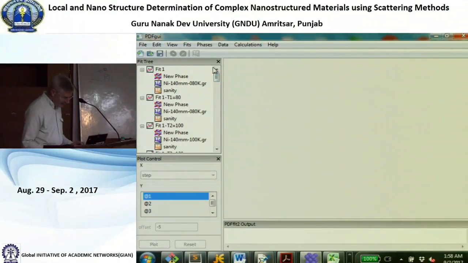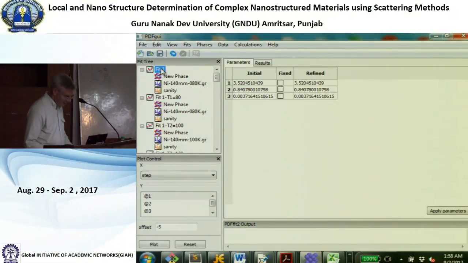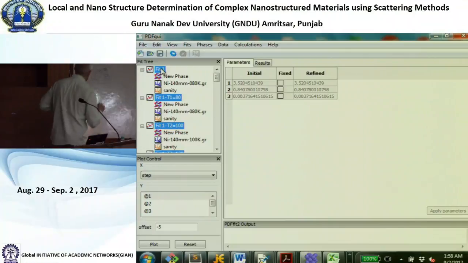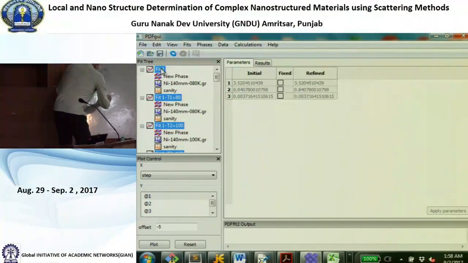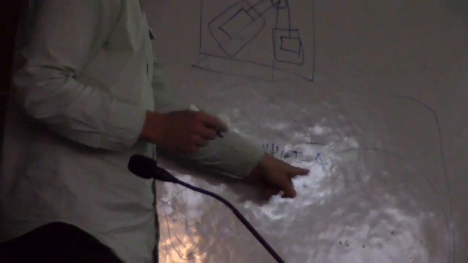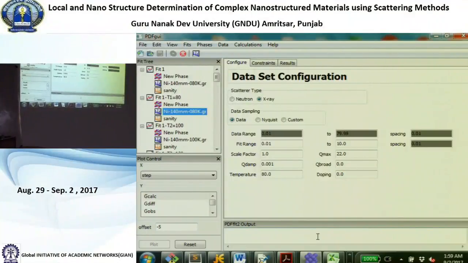So what we do is we click on this fit, and if you do Control-Shift-A, okay, so I'll write it here. Control A for all. It's going to be fitting them all.